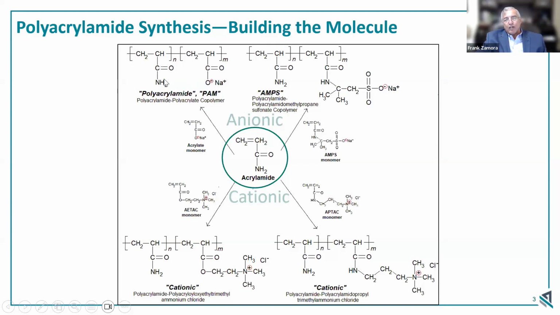The other monomer could be an acrylate, it could be AMPS, and those would be the copolymers. And then we have what are now coming out to be terpolymers, which is a combination of all three monomers. But what we want to focus on is that the acrylate is a very strong anionic charge. The AMPS is an anionic charge as well, but it's a little bulkier.